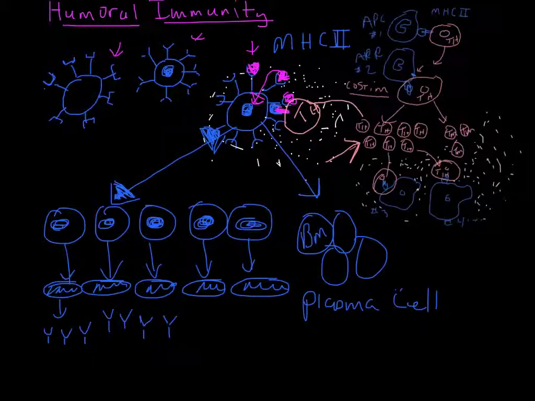And again, these antibodies are receptor sites and are going to be specific for the same antigen that we started with up here. Now, these antibodies will be released into the fluid, into blood, and hence our other fluids. And that's why we call it humoral immunity, because they're in the fluids.